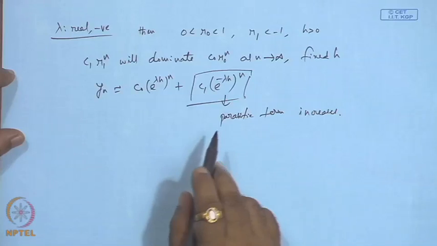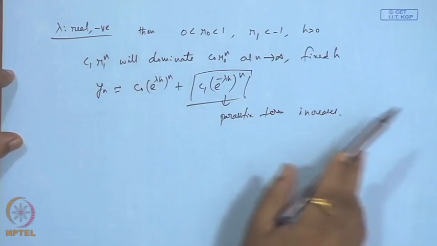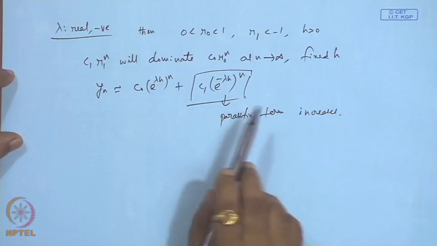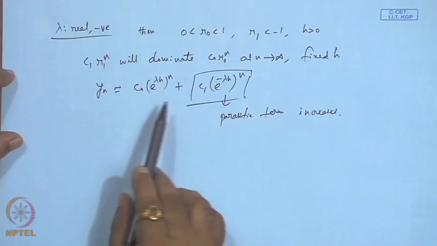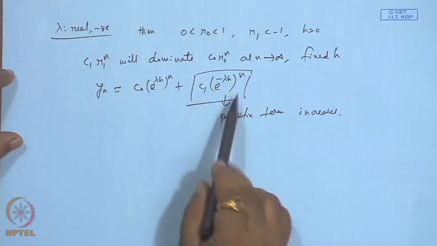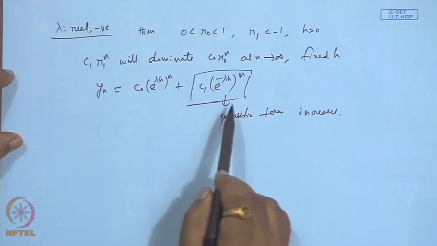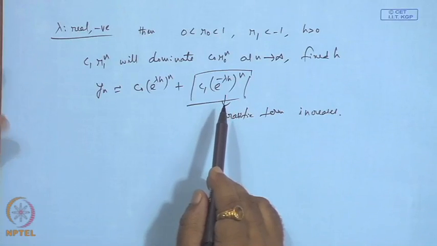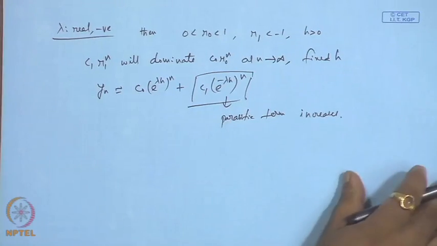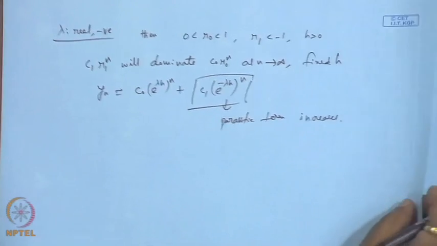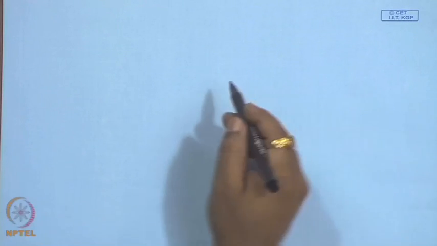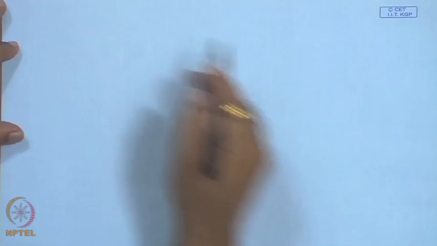So, that is how. So, for lambda real and positive it agrees with the true solution, whereas for lambda negative this parasitic term creates a problem. Okay. So, this is another kind of stability analysis. Okay. So, let us see this a little more from a little theoretical point of view.